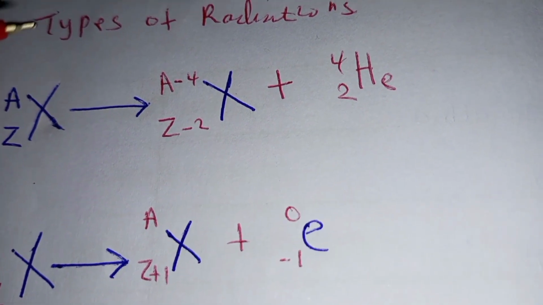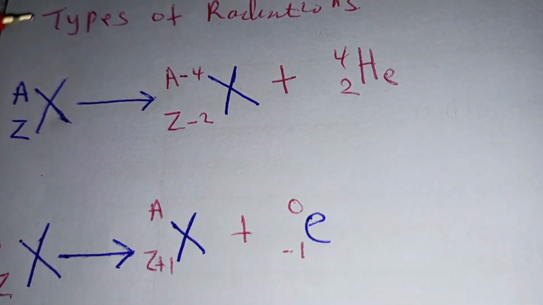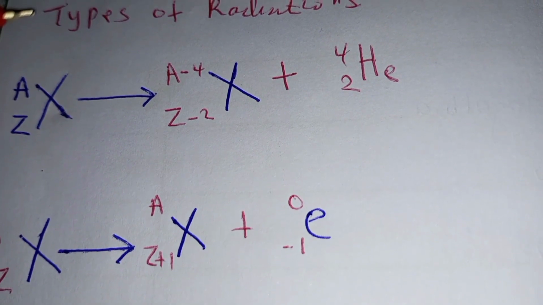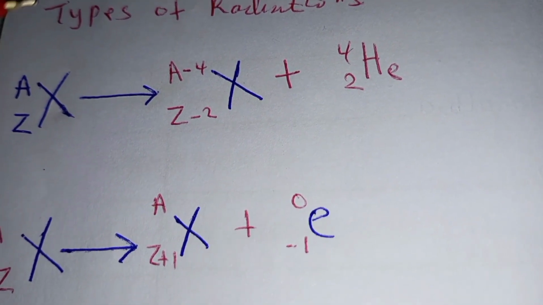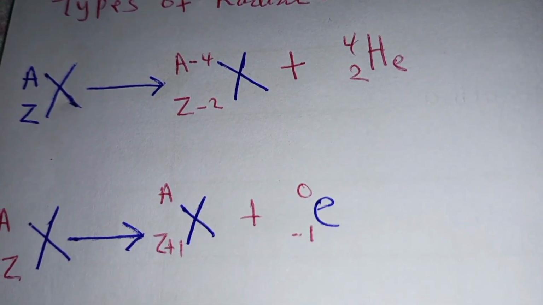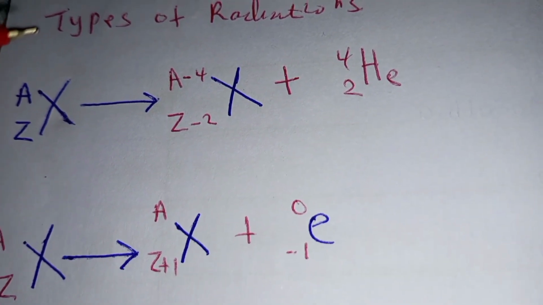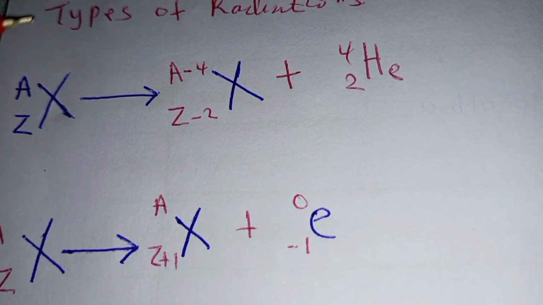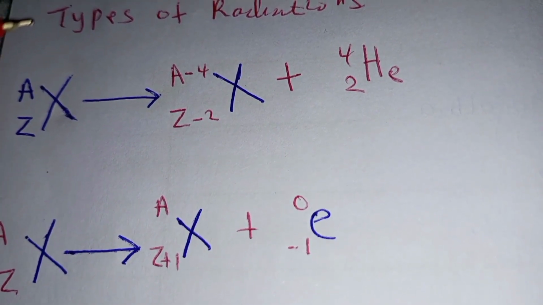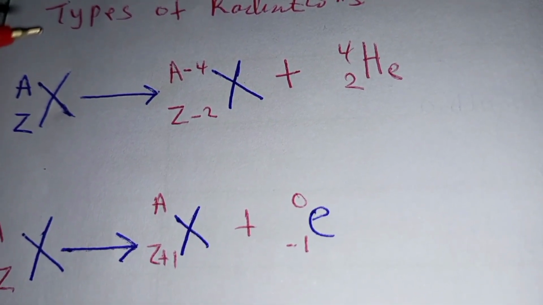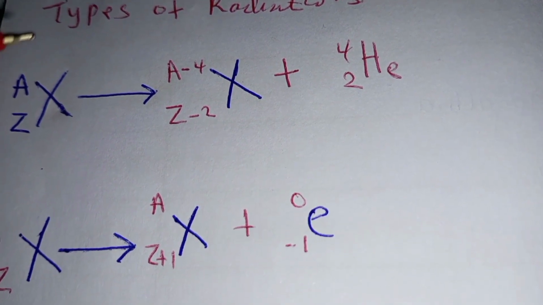Whenever a substance is unstable, it breaks down to gain stability through a process called radioactivity. And radioactivity is something which is spontaneous, random, and it can take place anytime. Now, today's focus is on types of radiation.